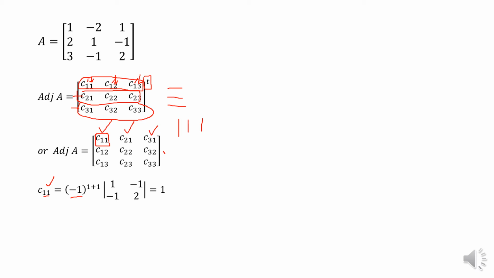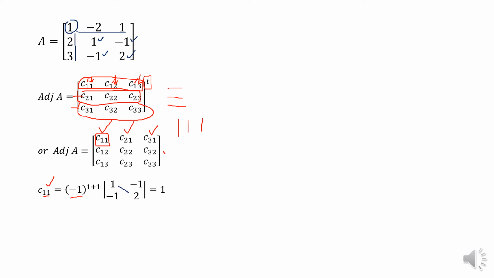Okay, so if we remove this column and this row, oops, I should go to the matrix, not here, because we are doing this from the matrix. Look, this is the 1,1 position, so we delete this row and this column, and we will be left with 1, minus 1, then minus 1 and 2.